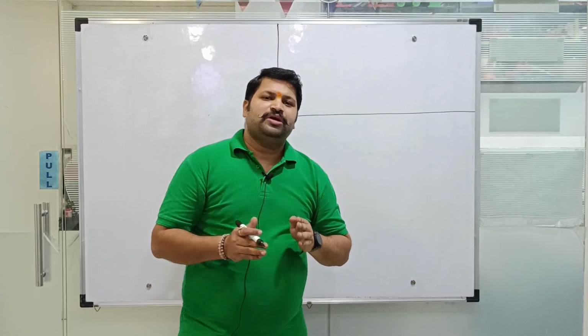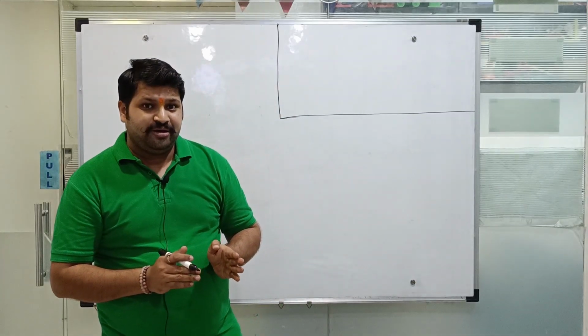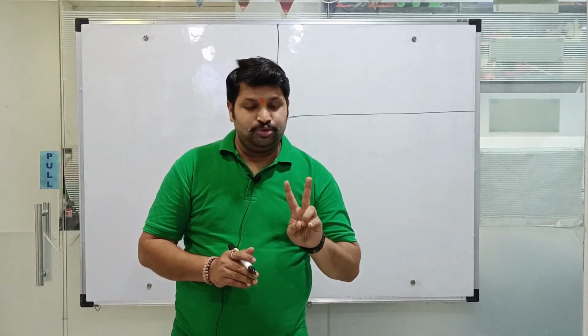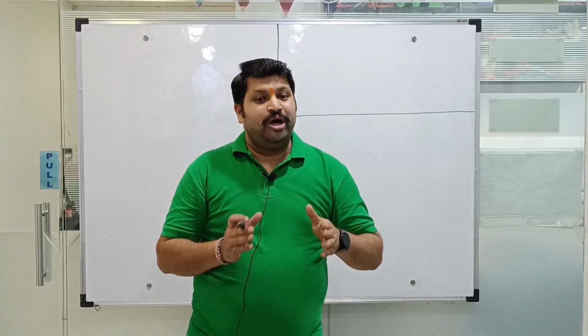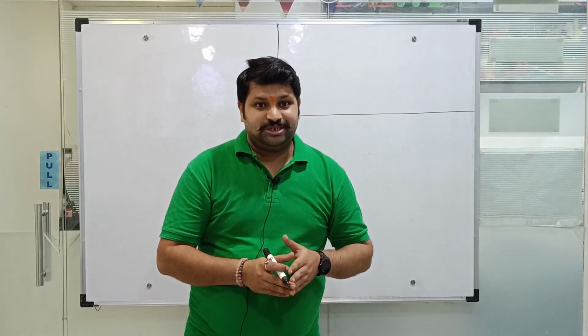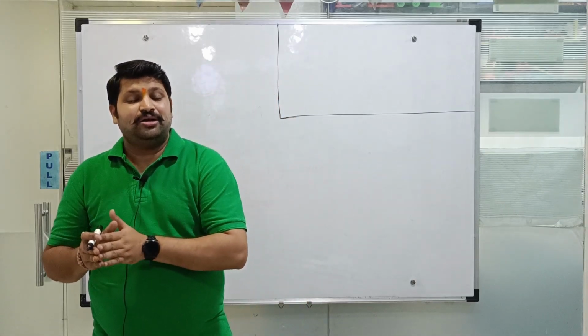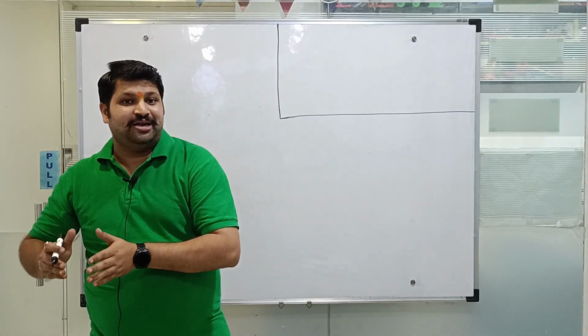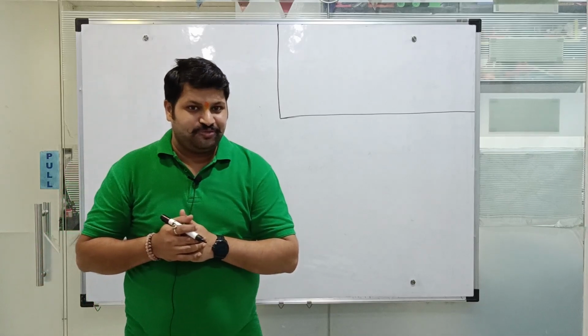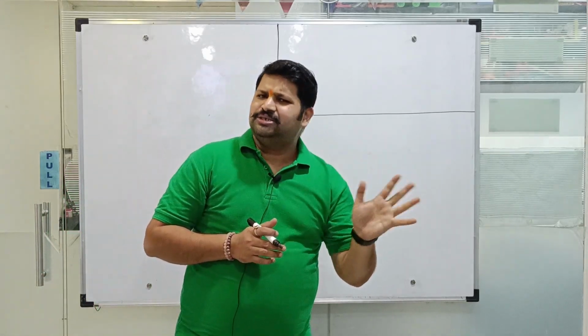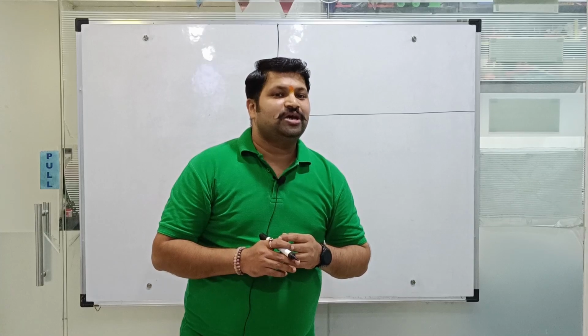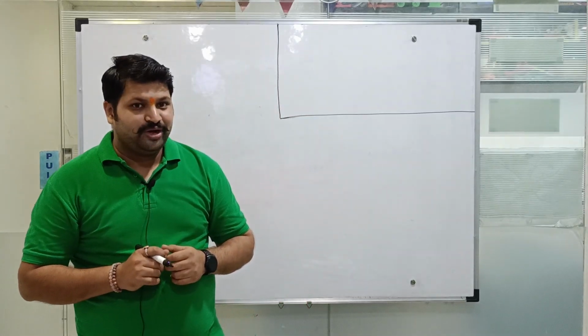This example is slightly complicated because it uses two concepts. One which we have taught just now, that is trigonometry, and another concept, that is similarity, which we had done in the previous video. This is the reason why some of the students get confused in proving this.